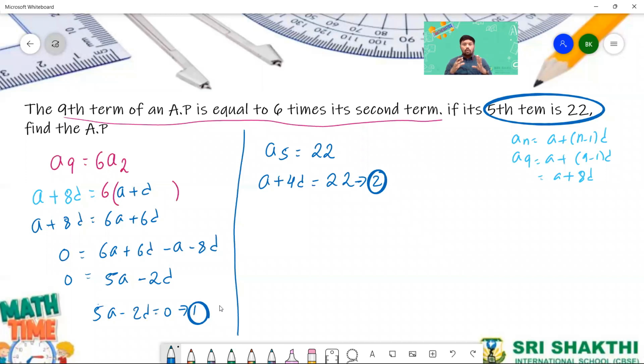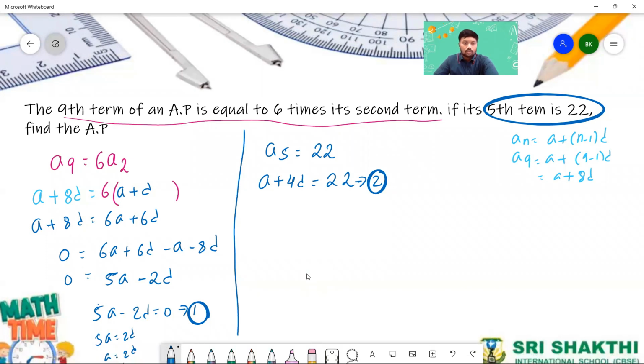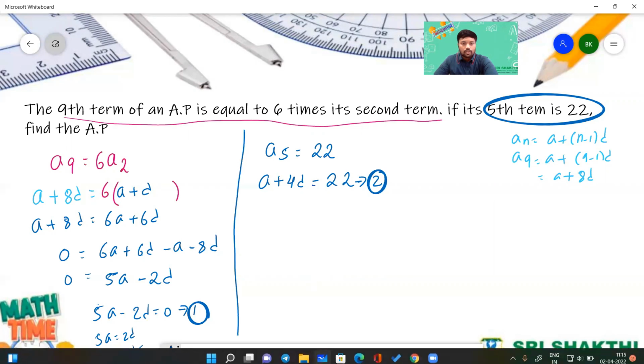Now the problem from arithmetic progression has been converted into a linear equation in two variables, which we are very aware of: 5a minus 2d is equal to 0 and a plus 4d is equal to 22. We will solve it using the substitution method. From equation 1, 5a is equal to 2d, so a is equal to 2d by 5.